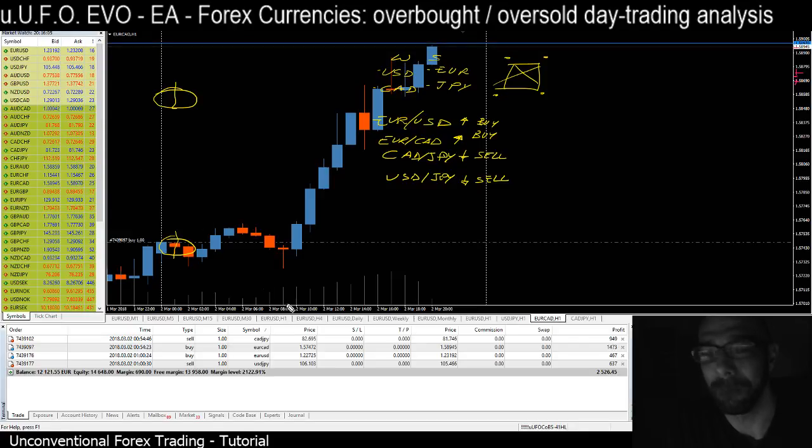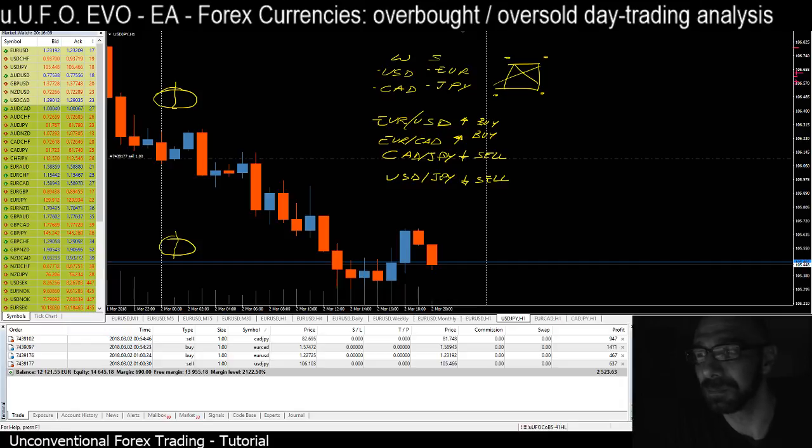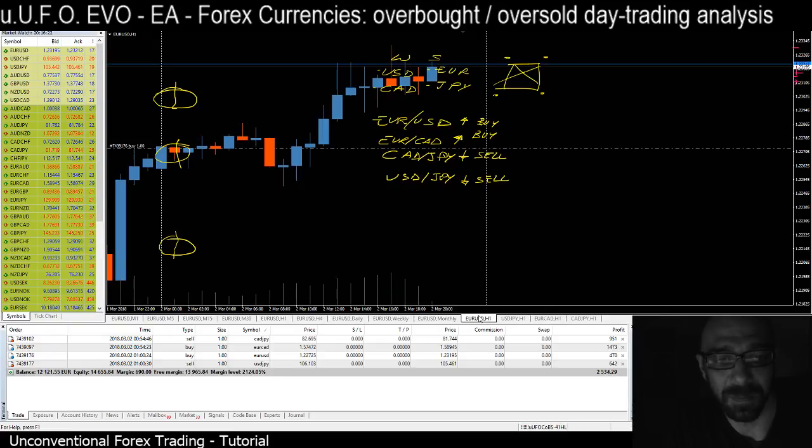Then we go on USD yen. And then let's go to the euro dollar, which is the same moment here, that had retracements here.